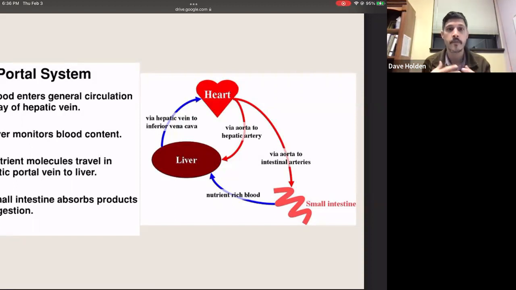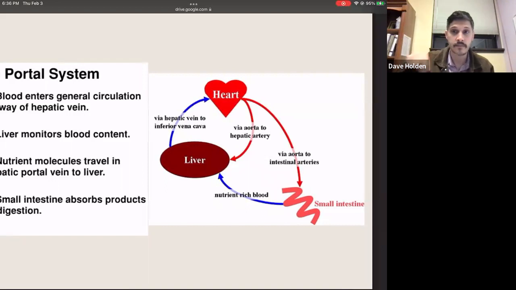Pretty straightforward. Or we're heading through the aorta to the intestinal arteries. We go to the intestines. The intestines absorb nutrients, and that nutrient-rich blood goes to the liver in the hepatic system. If we bypass the intestines and go to, like, a leg, we're not ending up in the liver. You're going to the leg.